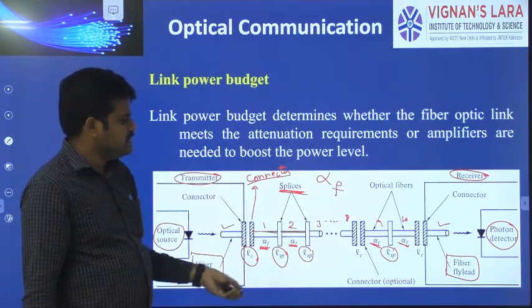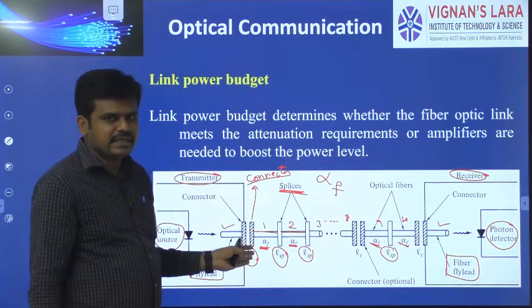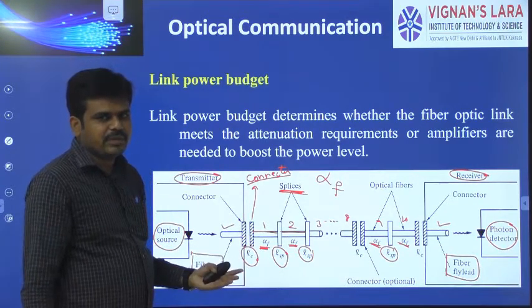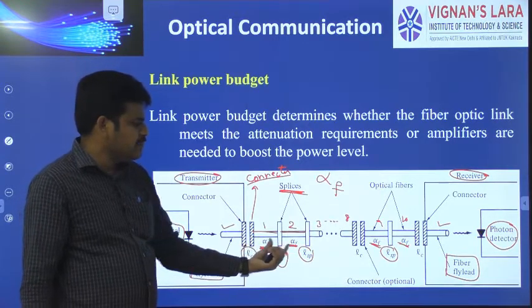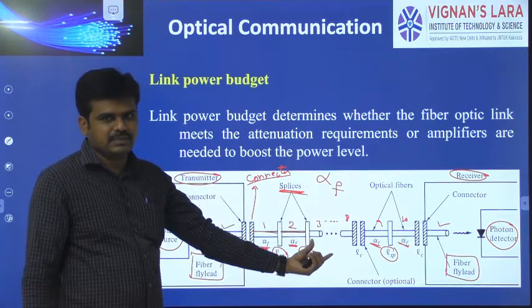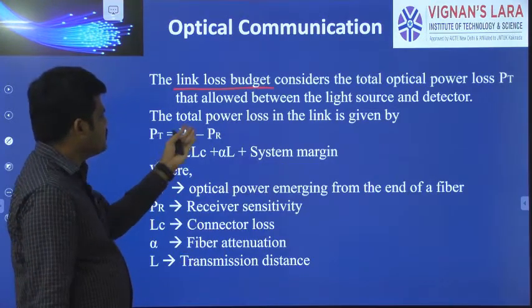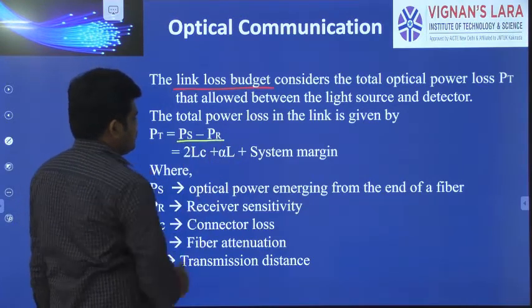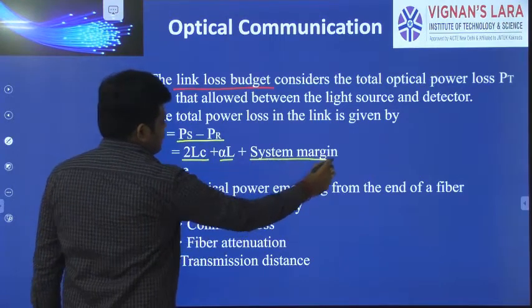In the link power budget, we calculate the total power loss, which is possible when we know the power loss at n number of connectors or splicing points. For example, the total power loss in the link is given by Ps minus Pr, which is nothing but 2Lc plus alpha L plus system margin.